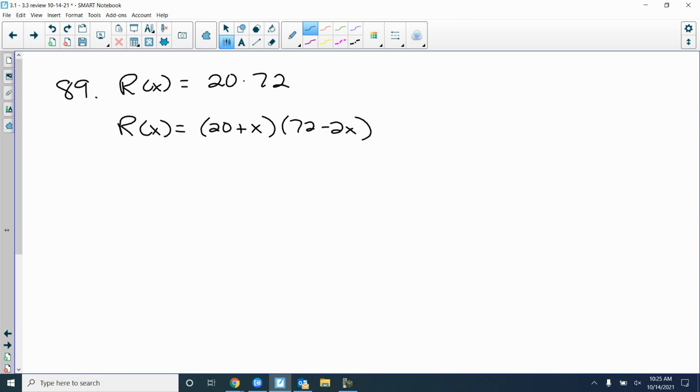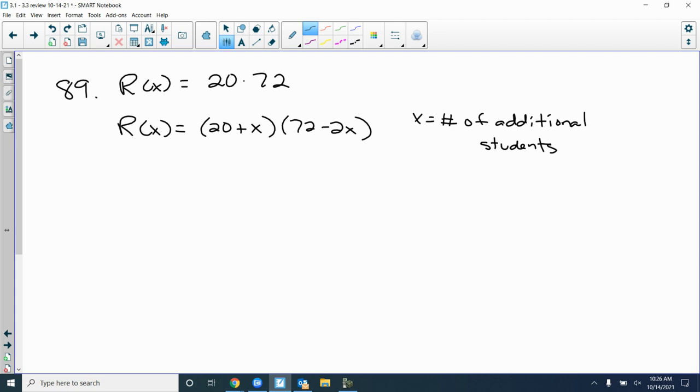Well, x will be the number of additional students. Every student that's added, the price is going to drop by $2. So if x is 1, you now have 21 students. The price is 70. If x is 2, and so on and so forth.